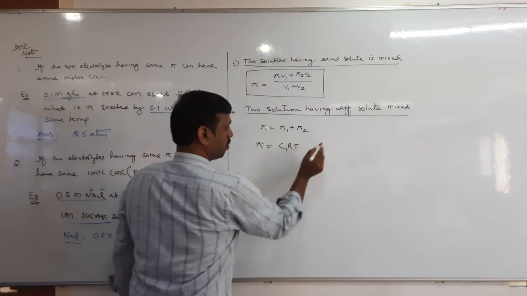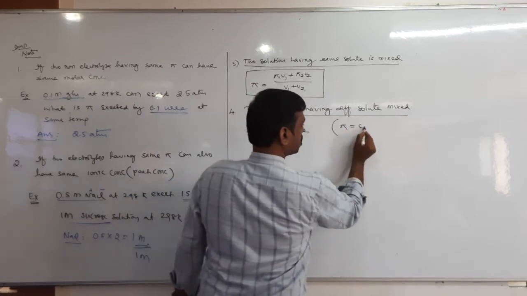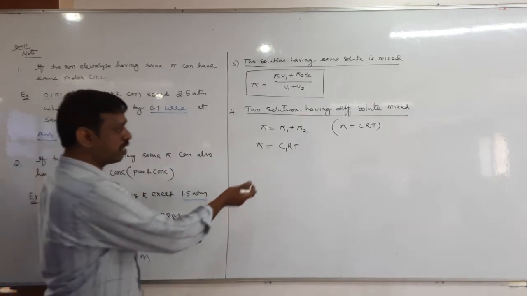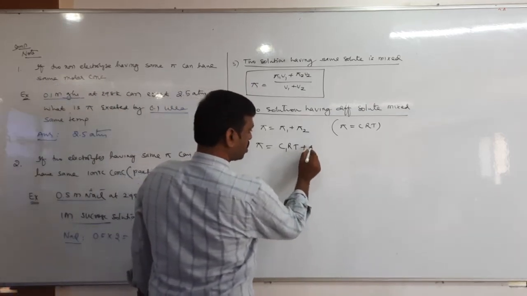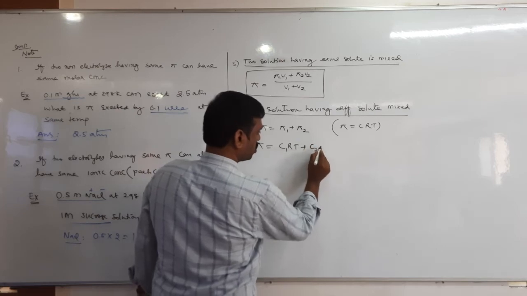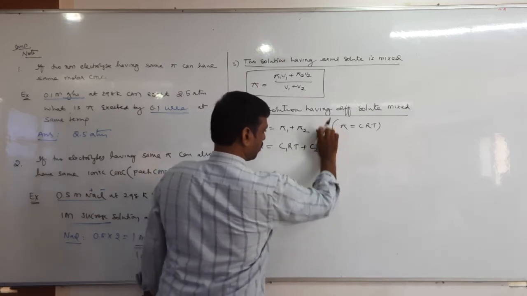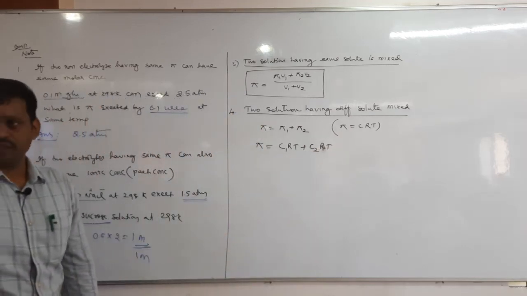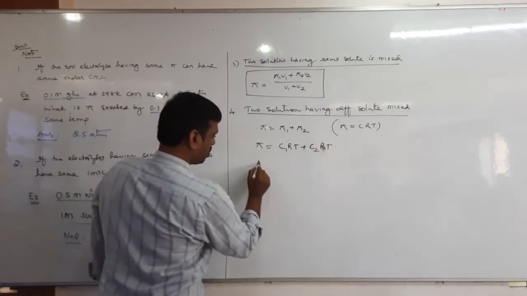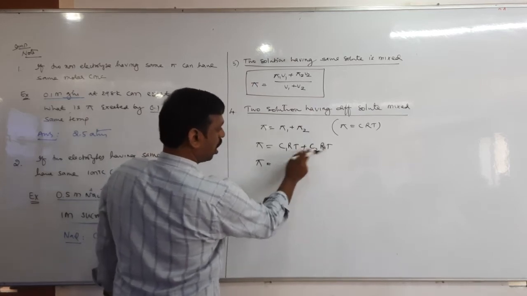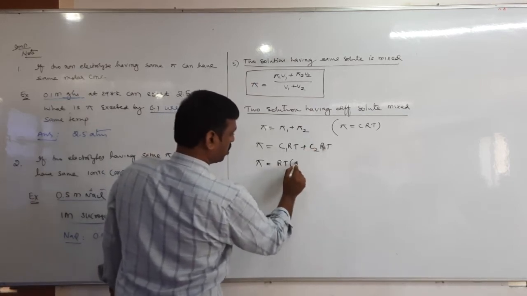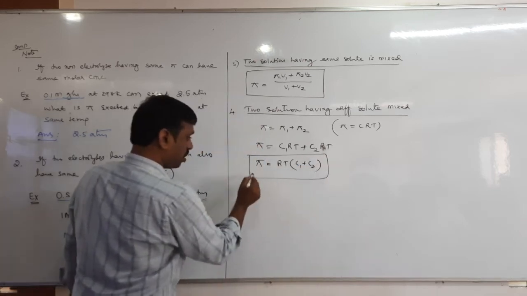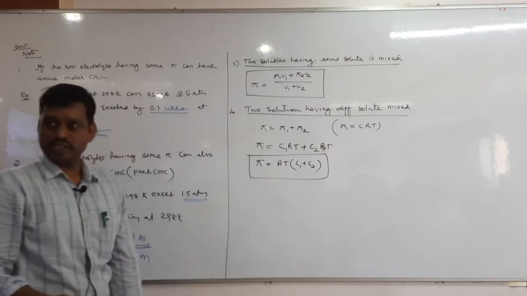Yes, because pi equals CRT. So you can take pi 1 equal to C1 RT plus pi 2 equal to C2 RT. R and T are the same, the same temperature and R value. Now simplify the equation. Take RT common: pi equals RT times C1 plus C2. If the concentrations are given, substitute and you can get the answer.